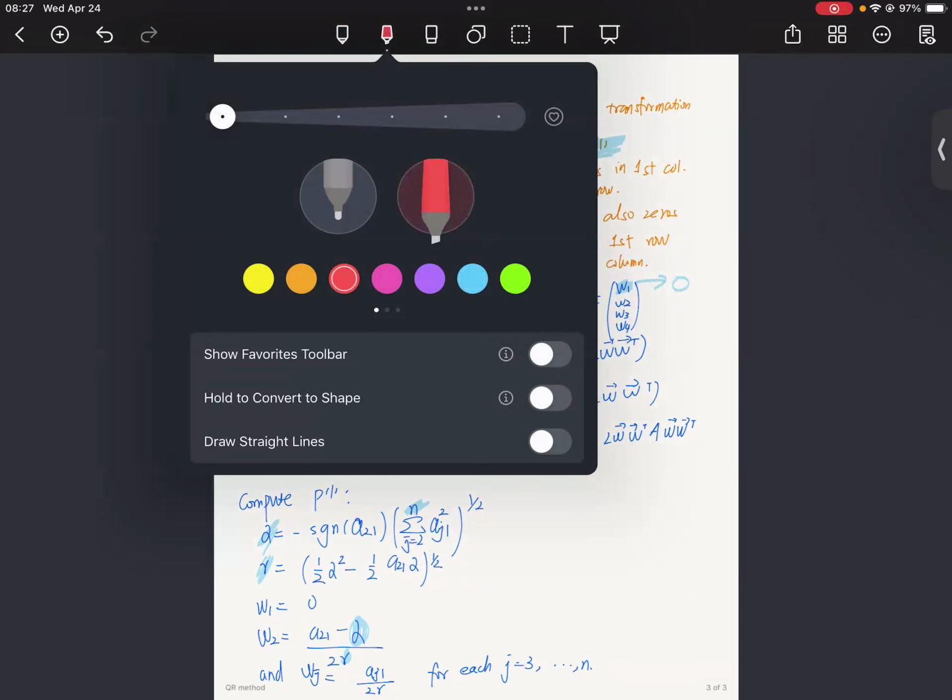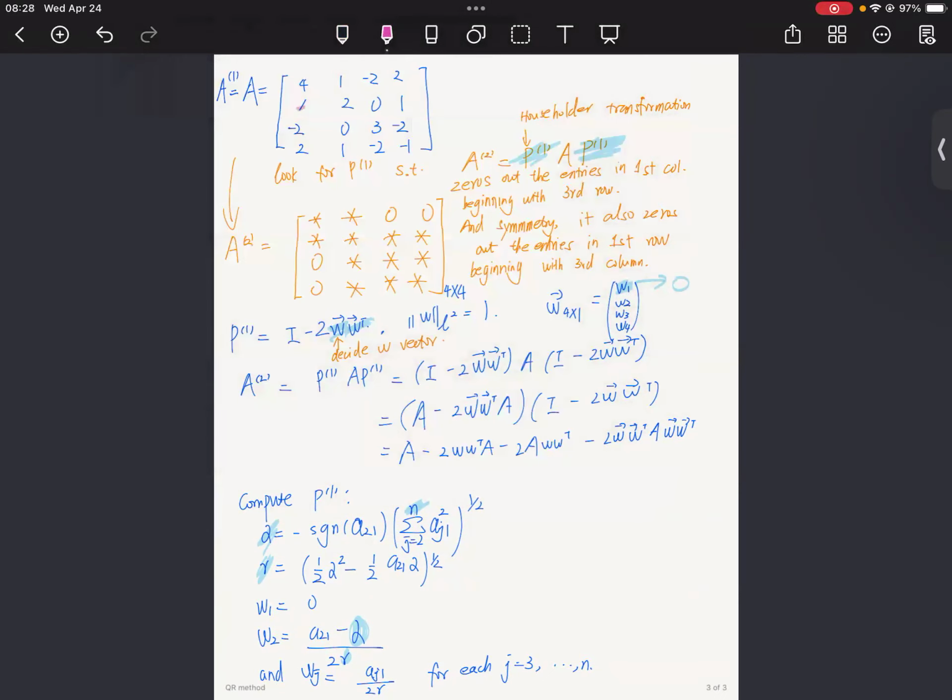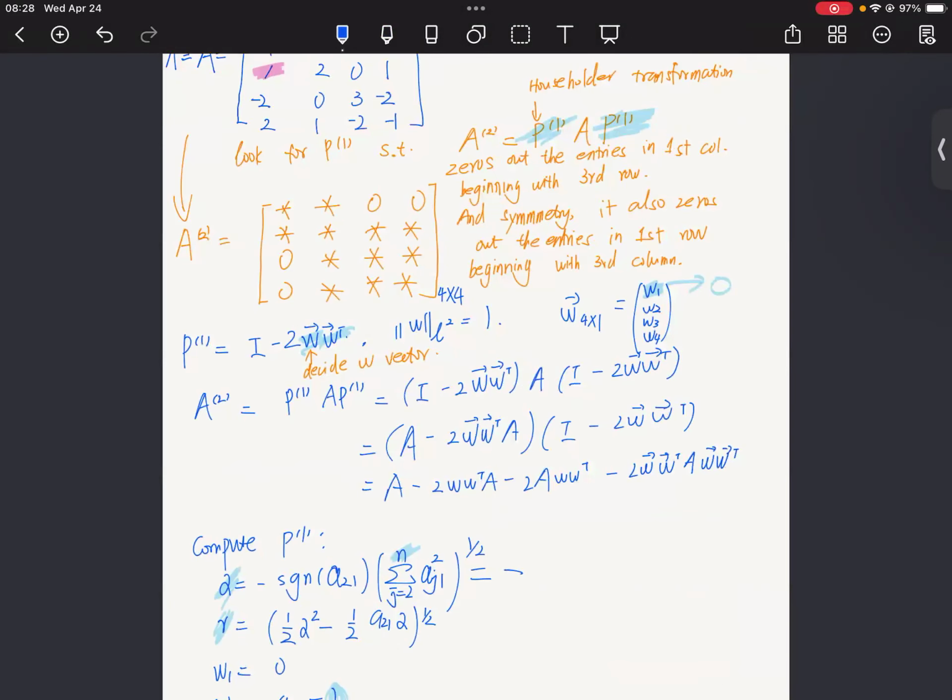What is A21? A21 is just this one, right? Now I'm going to get the sign of this one, which means I have a negative sign and then 1, and then do the summation, j equals 2. You could say I'm calculating alpha, and all the things start from j equals 2 to 4, of aj1 squared.